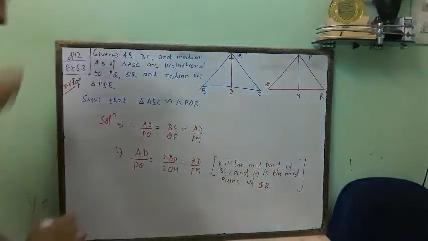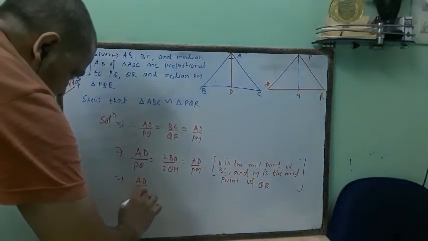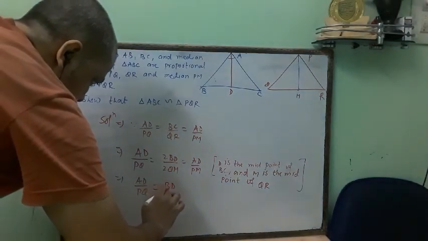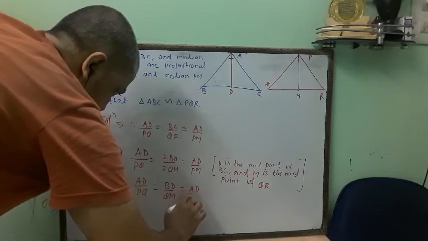It is given. Now 2 will be cancelled out, so it will be AB by PQ is equal to BD by QM is equal to AD by PM.